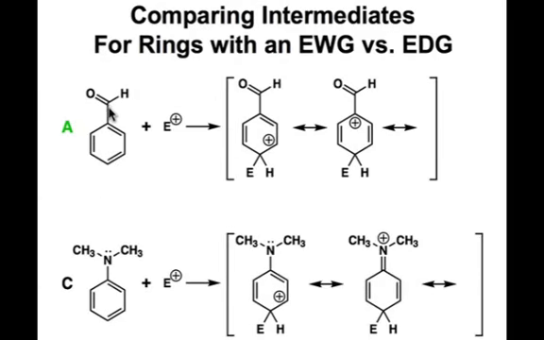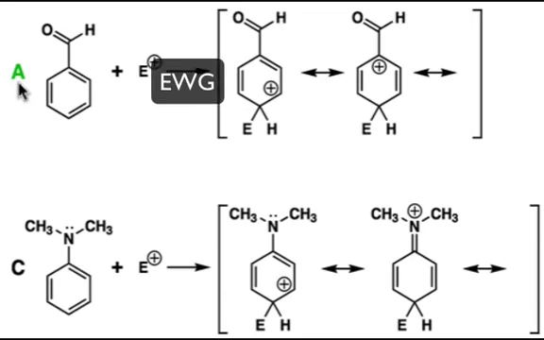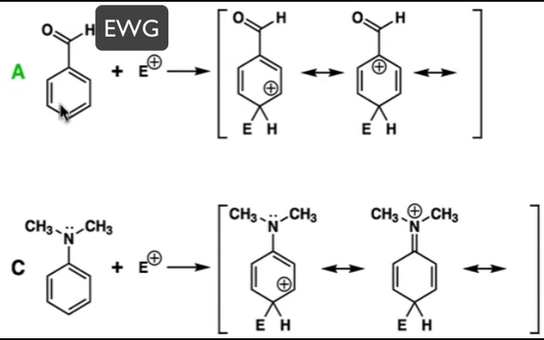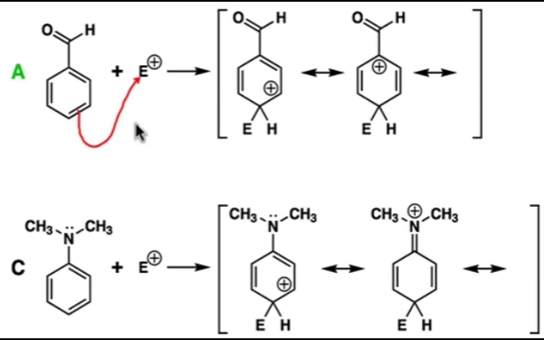The carbonyl group of benzaldehyde would be an example of an electron withdrawing group. In the first step of electrophilic aromatic substitution, there's going to be the nucleophilic attack of the pi bond on the electrophile, leading to this positively charged intermediate. We can think about the resonance contributors, and one of those resonance contributors is going to place this positive charge adjacent to this carbonyl group.